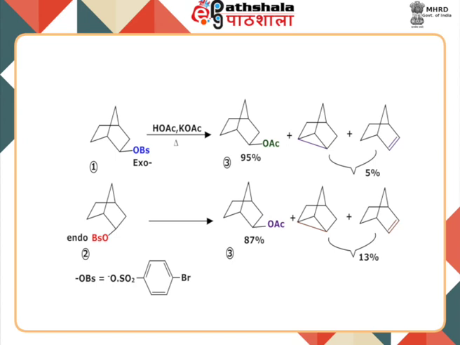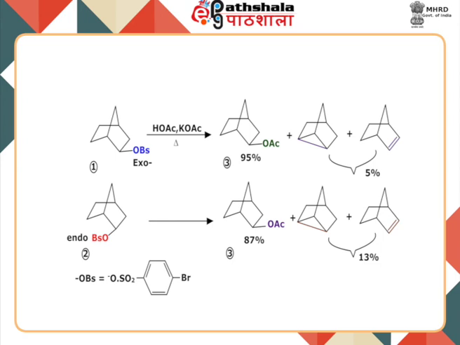And if we look at the observations regarding this reaction, the rate of solvolysis of 1 to 2 is about 400 times. Both 1 and 2 give the third product, which you can see is the same as the major product, where the OAc is at the exo position, irrespective of whether we are starting with the exo or endo-brosylate.